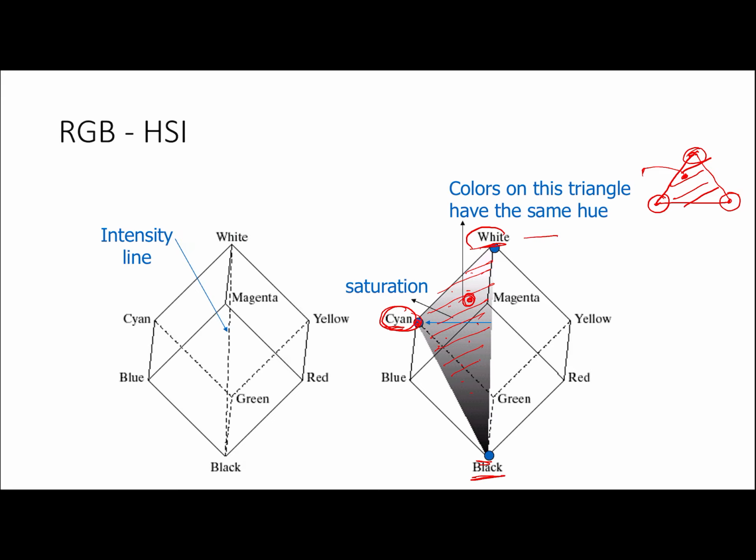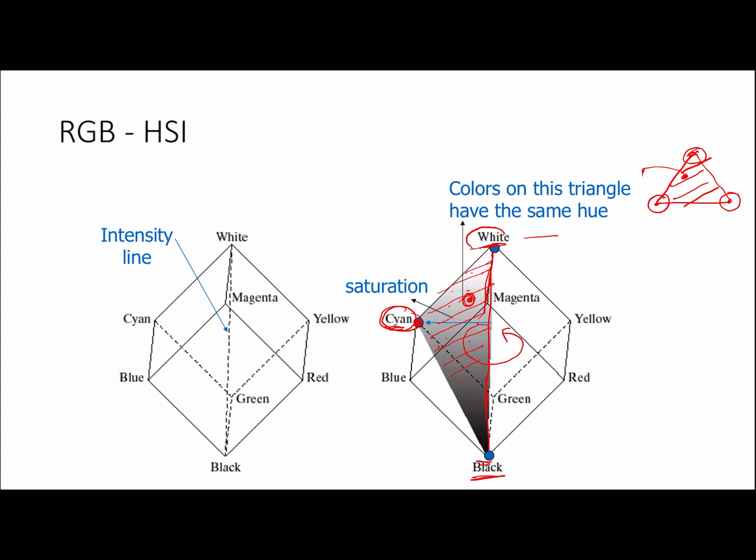Now here, if I rotate this plane around this intensity axis by an angle of 360 degrees, then I can generate all possible hues for every possible RGB point in this RGB color cube.